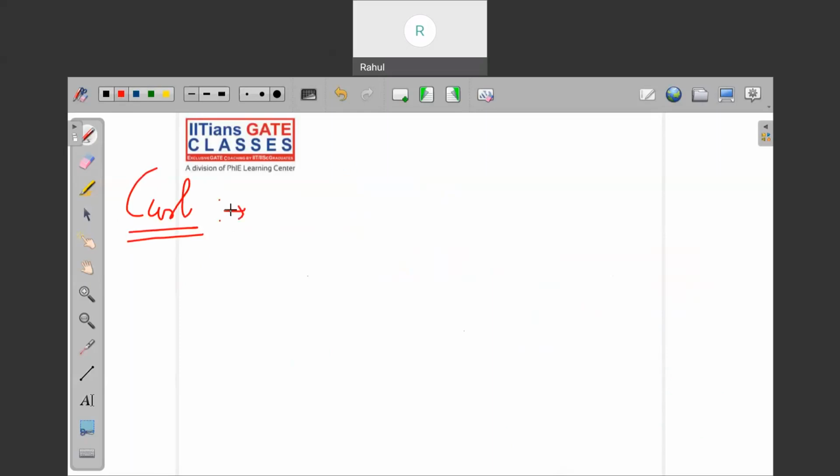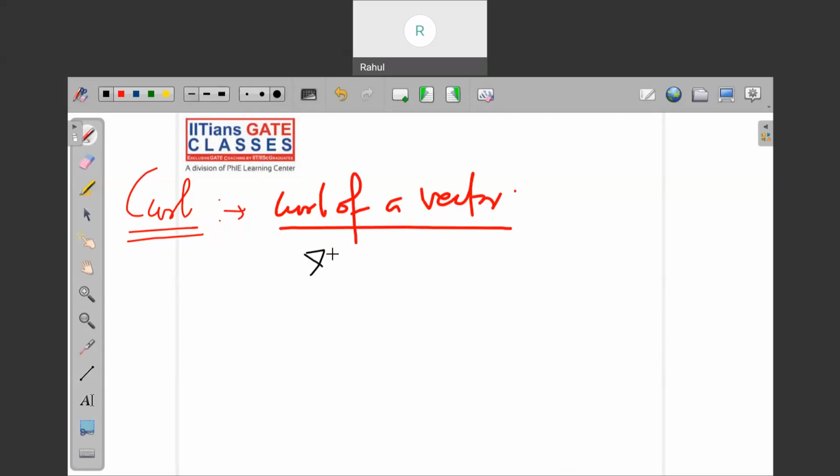Curl is basically again operated on a vector, and it will give you a vector only, okay? Curl of a vector is operated on a vector, and the result is also a vector, right?